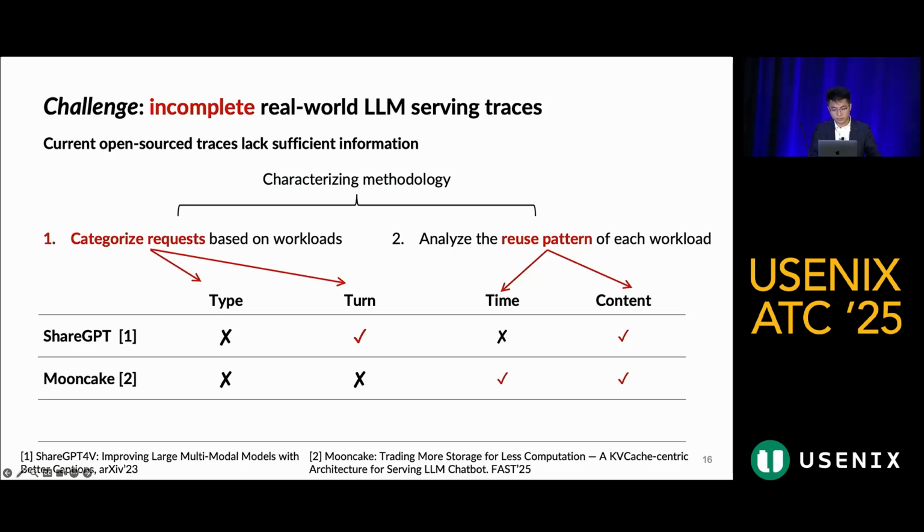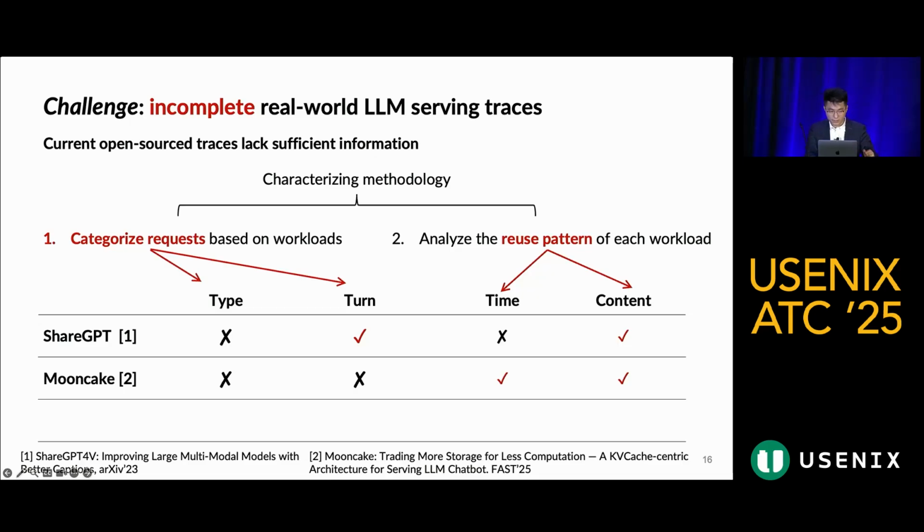The number of turns is also of great significance, as we mentioned before. Moreover, to analyze the reuse pattern of requests, the timestamp of each request must be present. That is, we need to know when the request is served by the system. Don't forget the hashes of the KVCache block within each request. We need them to identify hits and misses due to the prefix sharing nature of LLMs.